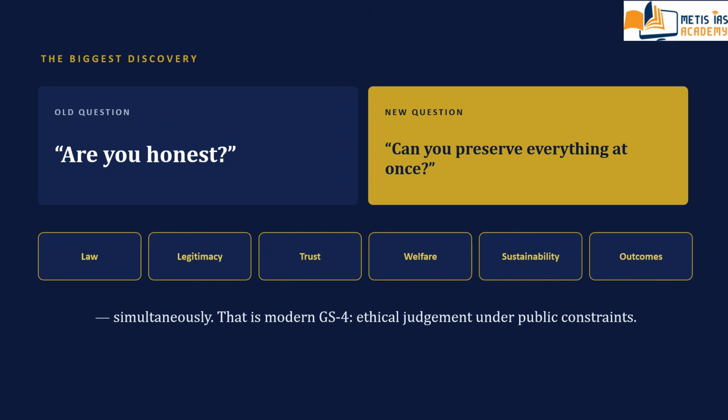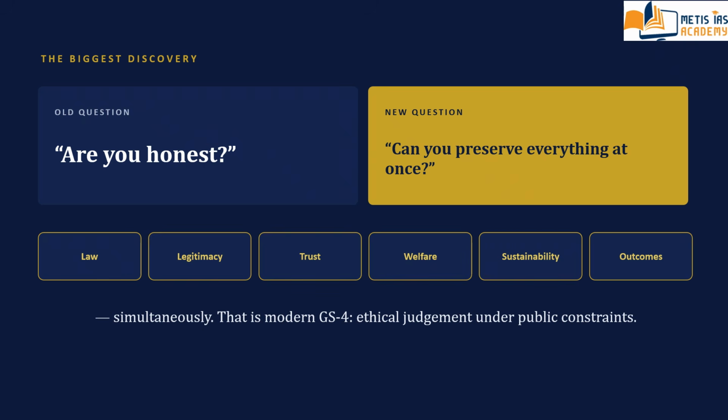Then we are moving to layer number 4, that is the biggest discovery. What is the biggest observation? The old question was asked like this: are you honest? This type of question used to be asked. But the new question is: can you preserve law? Can you preserve legitimacy? Can you preserve trust? Can you preserve welfare? Can you preserve sustainability and outcomes simultaneously?